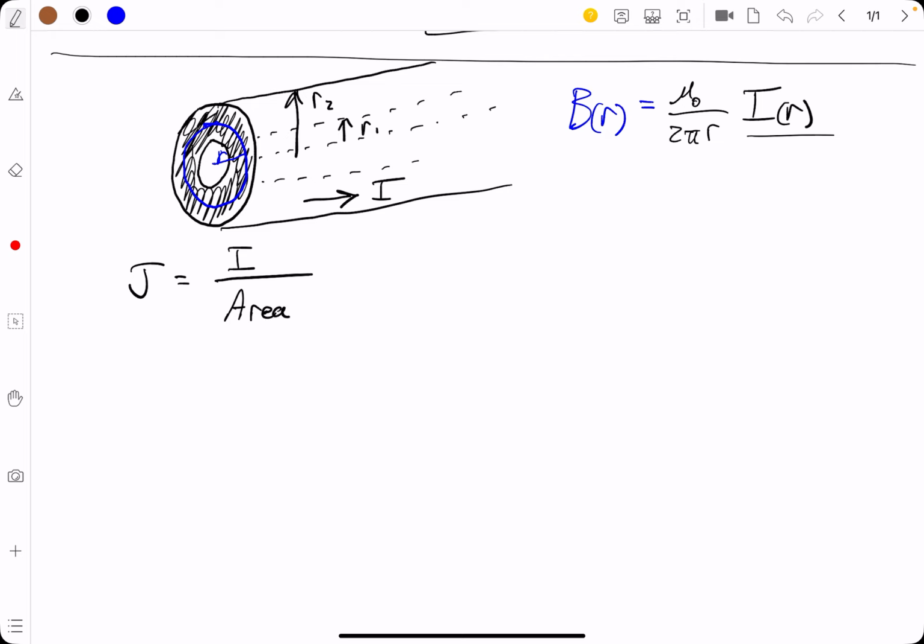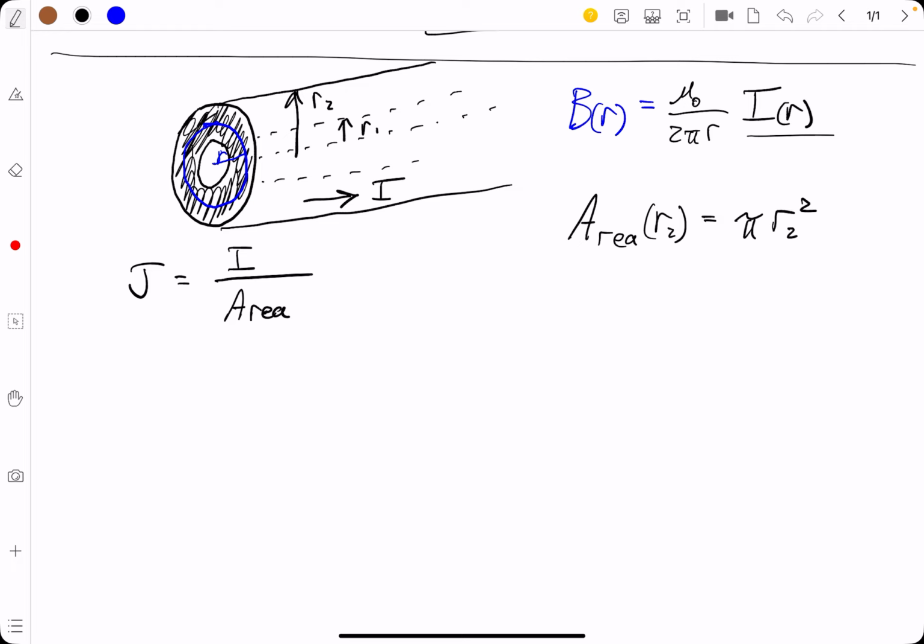So now we have to figure out the area of this section, okay? So the area as a function of r, so let's do area of R2 is equal to pi R2 squared.